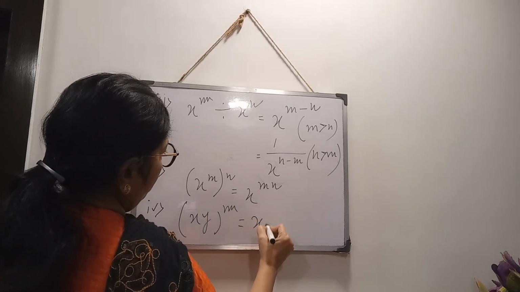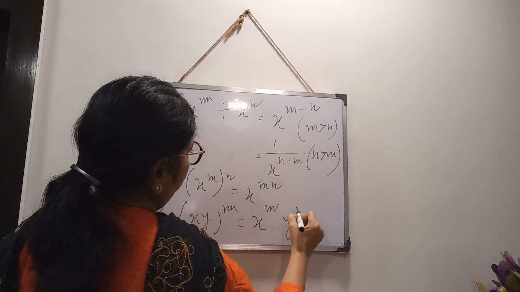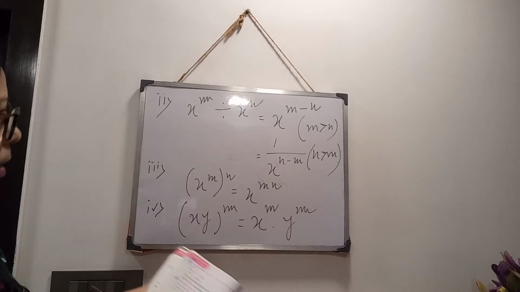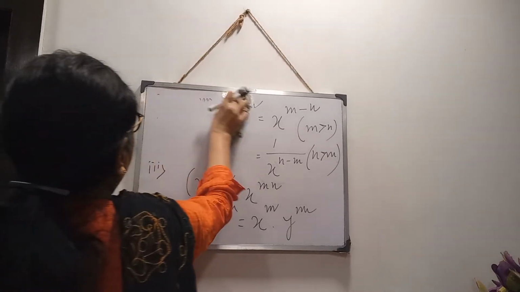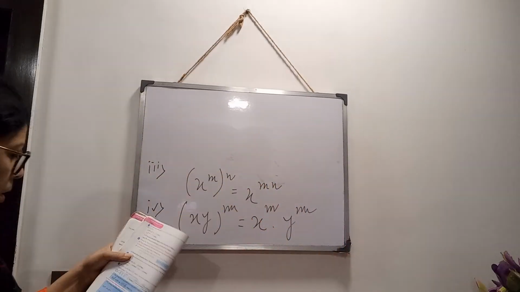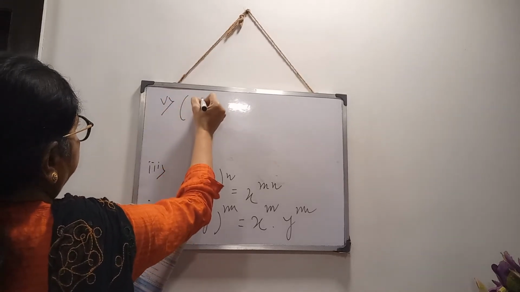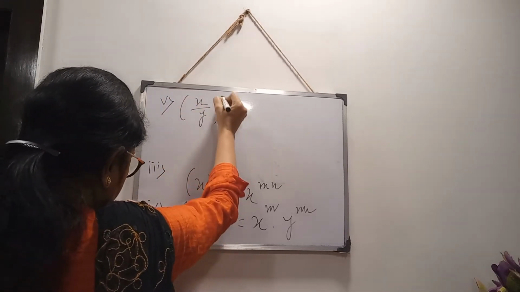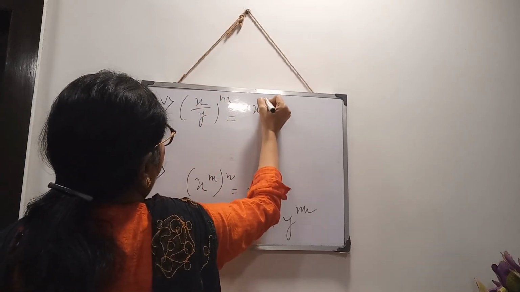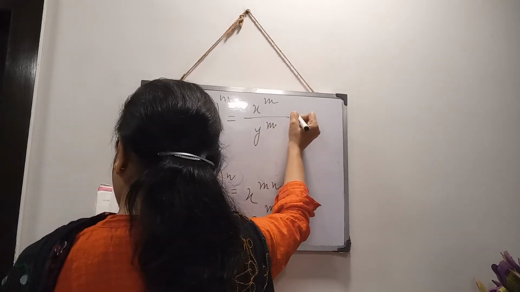So separately we will open the bracket, you will write x to the power m into y to the power m. Clear? And another one, if it is x by y to the power m, then again separate variables. So different variables, we will write x to the power m by y to the power m.